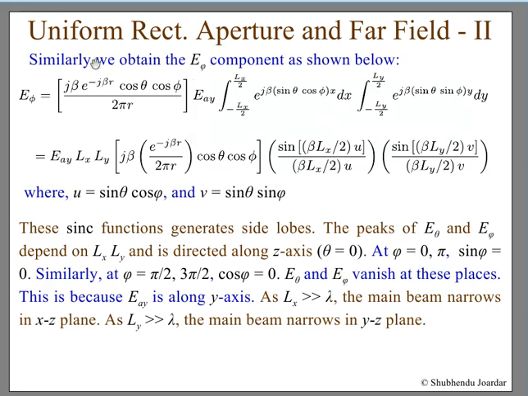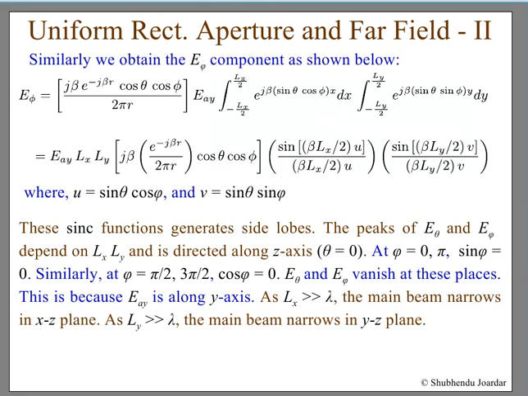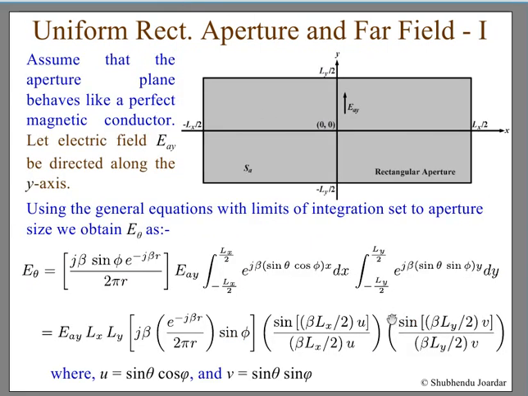Now similarly, we obtain the E phi component as shown below. Using the same relationship, you use the integration restricted from here to here and from here to here, and all those things set up. You again find a variation with a sinc function, one here, one here. So two sinc functions are coming, as you see. This I didn't say last time.